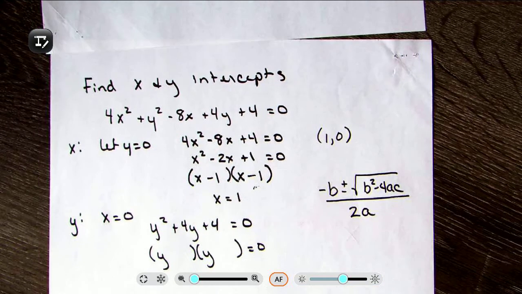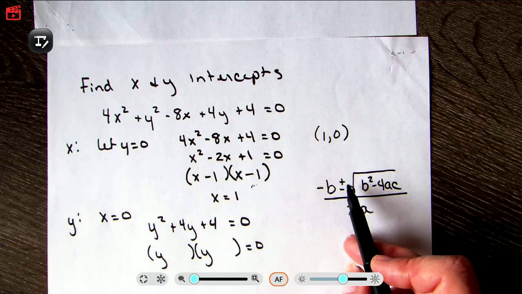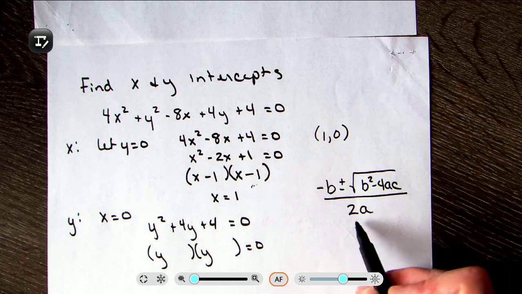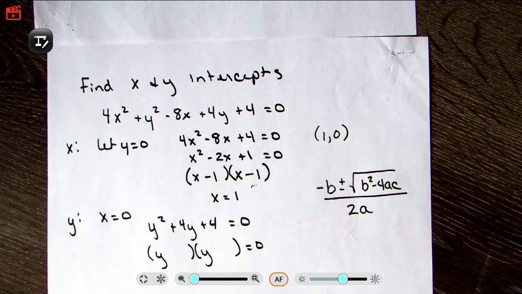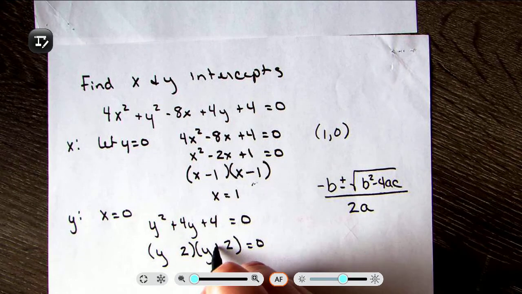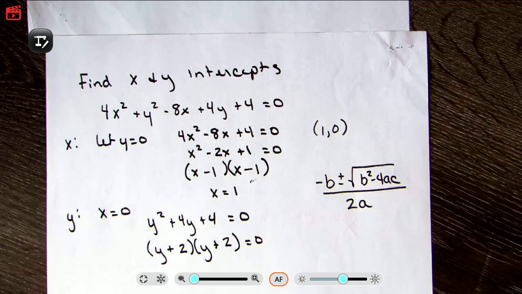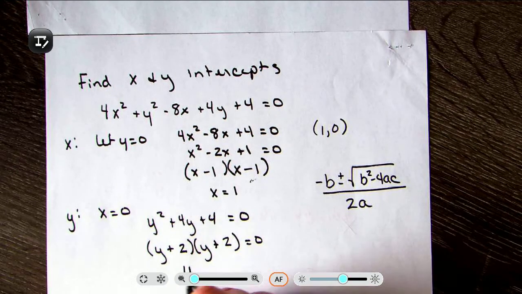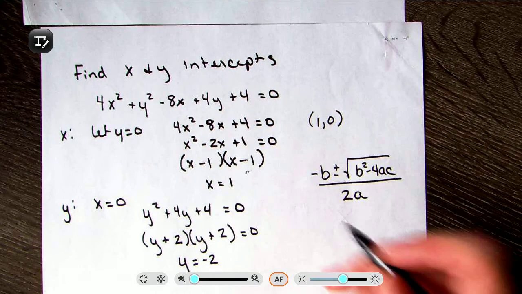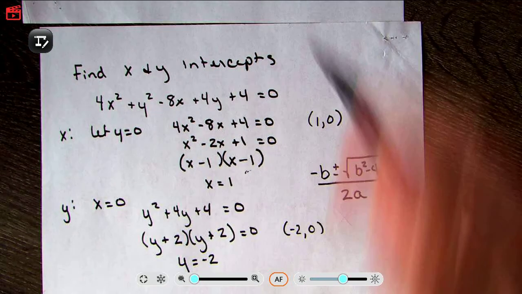All right? And some people sing that, right? Negative b plus or minus square root of b squared minus 4ac all over 2a. And that was really poor. But, okay, let's get back to this guy. Notice we do get that y plus 2 twice. And so that means y equal to negative 2 is our y-intercept. And that was what we had found in our picture.